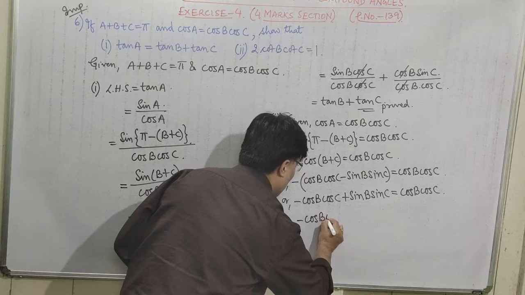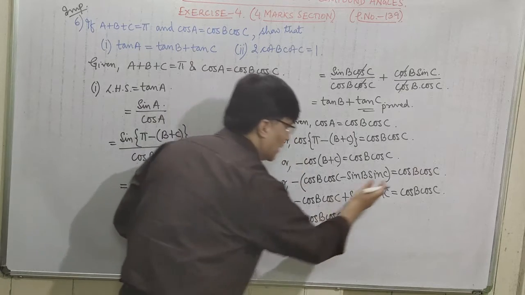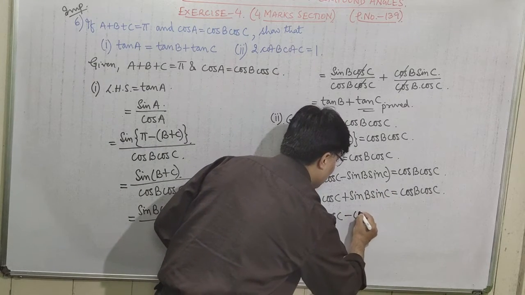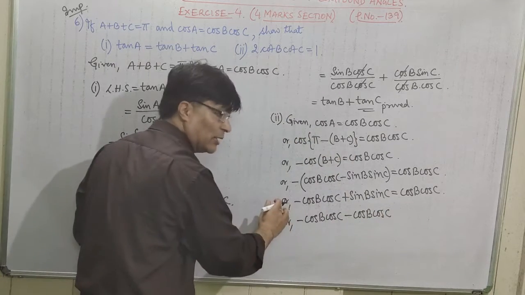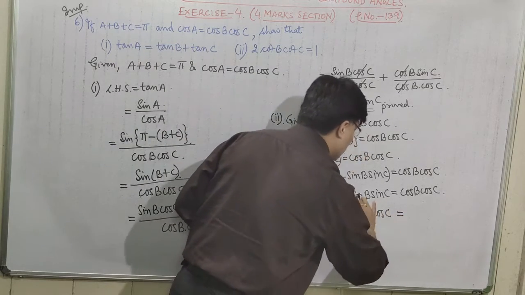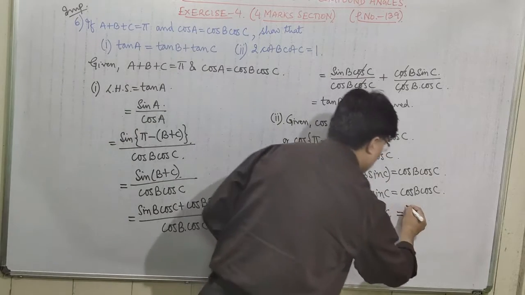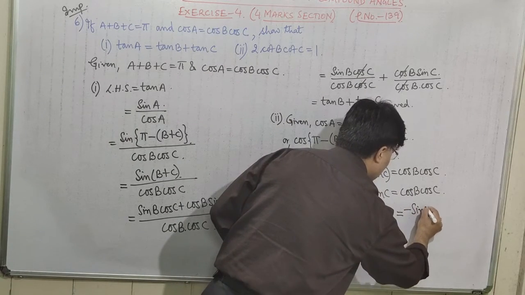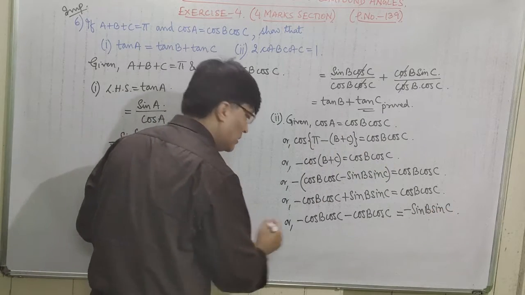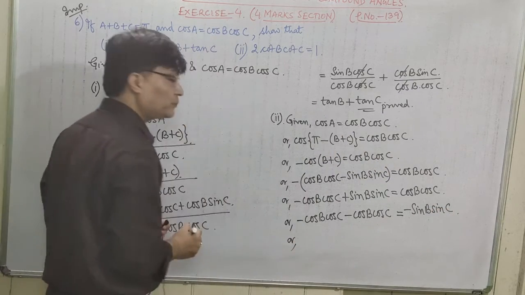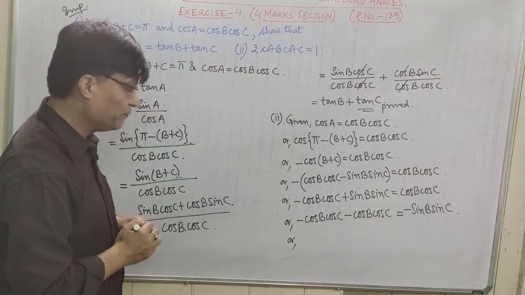Minus cos B cos C, then cos B cos C taken to the left hand side becomes minus cos B cos C, is equal to, sin B sin C taken to the right hand side, so it is minus sin B sin C. Clear? Now the same sign.